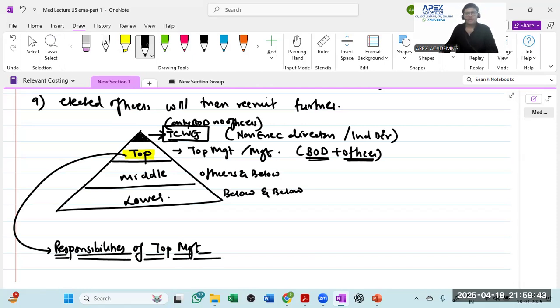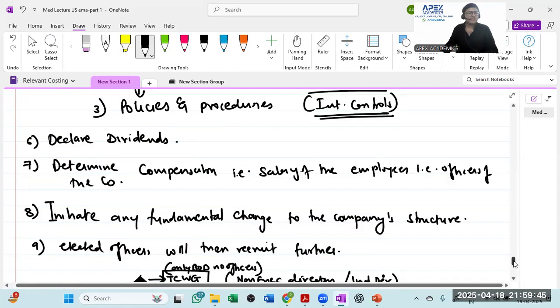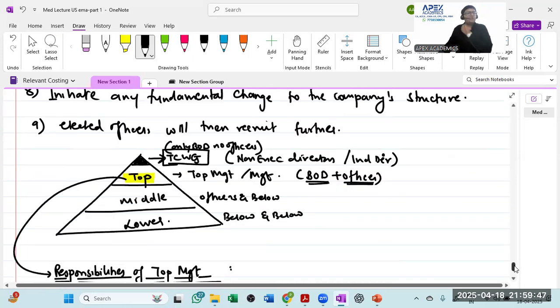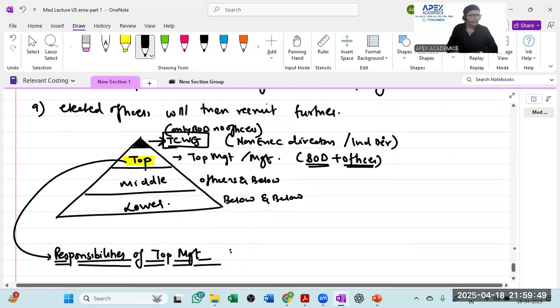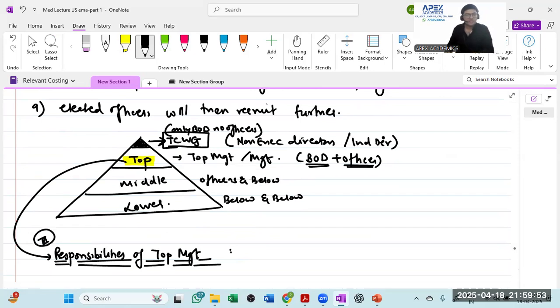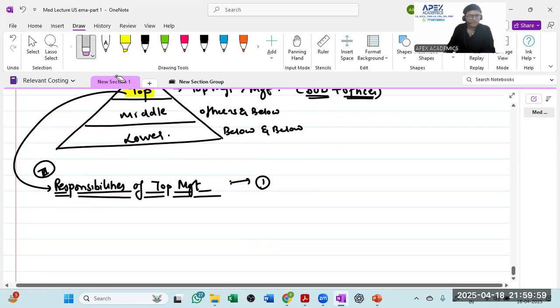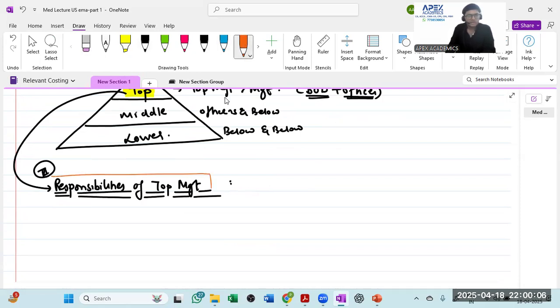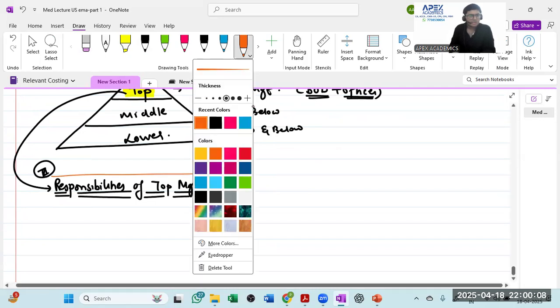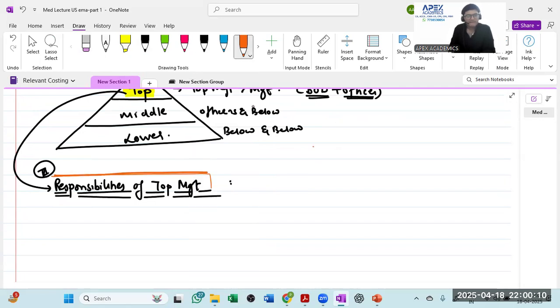Sir, what are we looking at in this second concept? In this second concept, we are looking at responsibilities of the top management. Sir, the first responsibility of the top management, we'll write it one below the other, and we will write it in BJP color. Please pay attention.